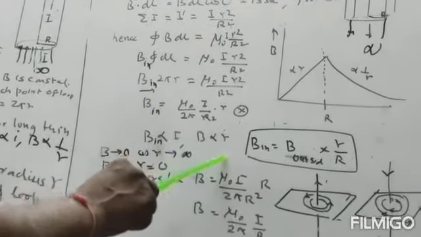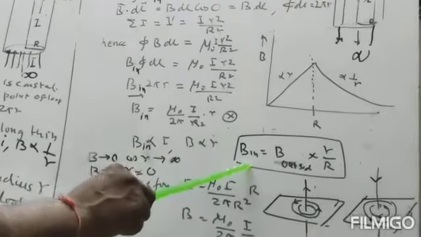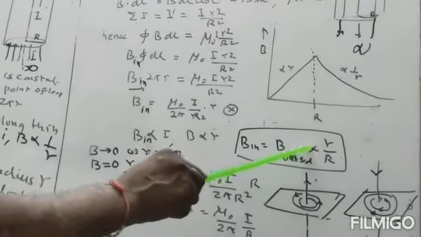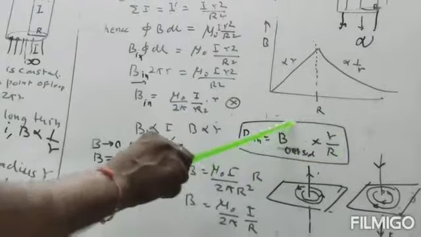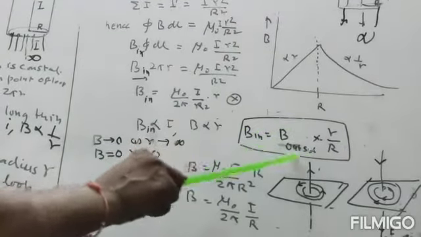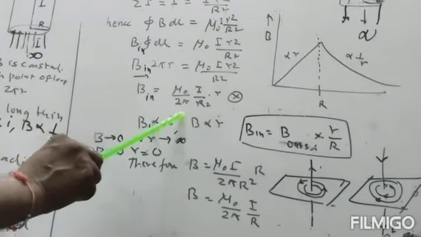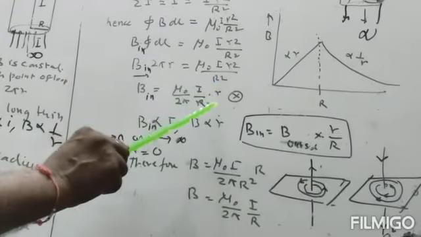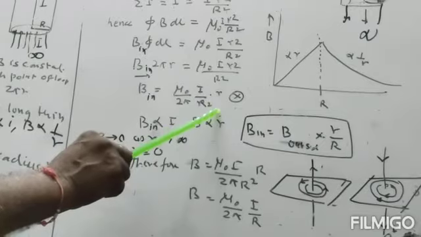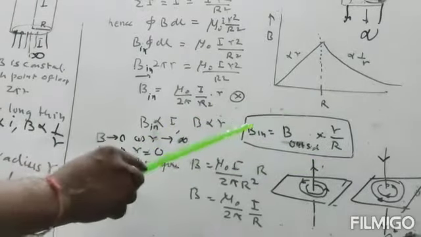So we can also write B inside is equal to B outside into small r by R. We have used the value of B outside, which is equal to mu 0 I by 2 pi R.